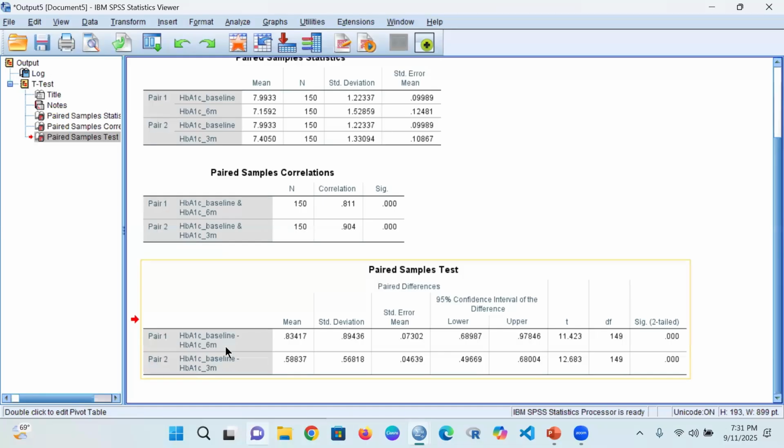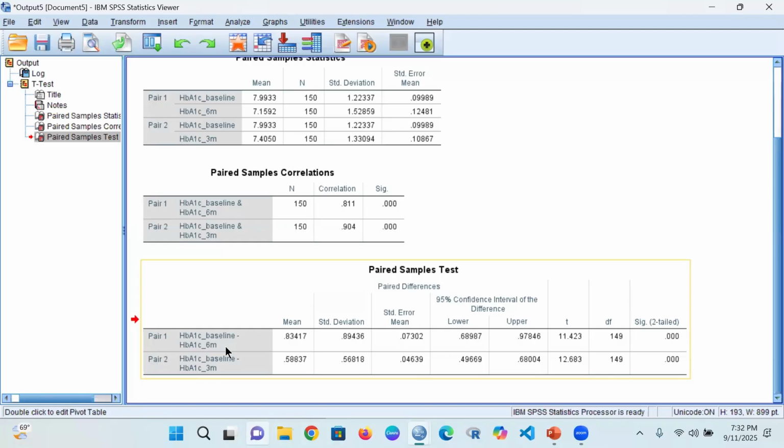So the true mean reduction in both, you can see, is around 0.33%. So the interpretation here is that HB1C continued to drop between 3 months and 6 months. That is what we can conclude from our table. So from our analysis, you can conclude that the HB1C dropped in 3 months and in 6 months.